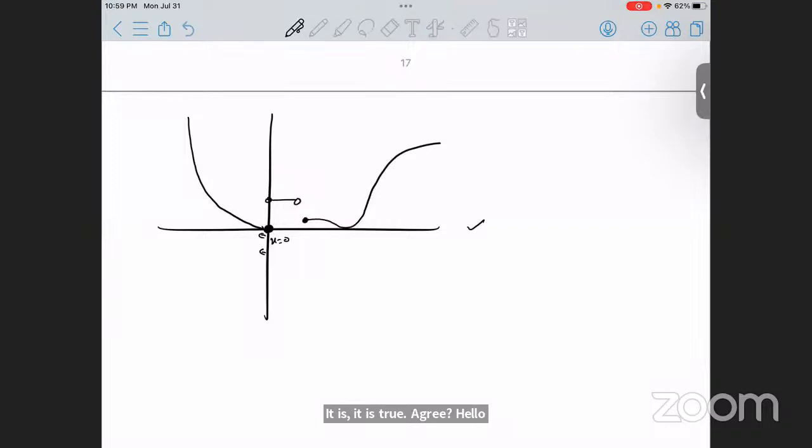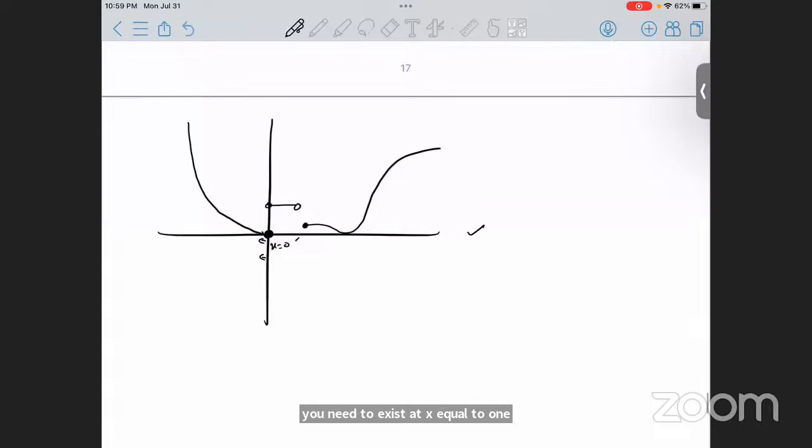Then, limit exists at x equal to 1. Listen carefully now. Here, look, the limit exists when you move from the left side and from the right side and reach the same point: the left-hand limit and the right-hand limit must match.